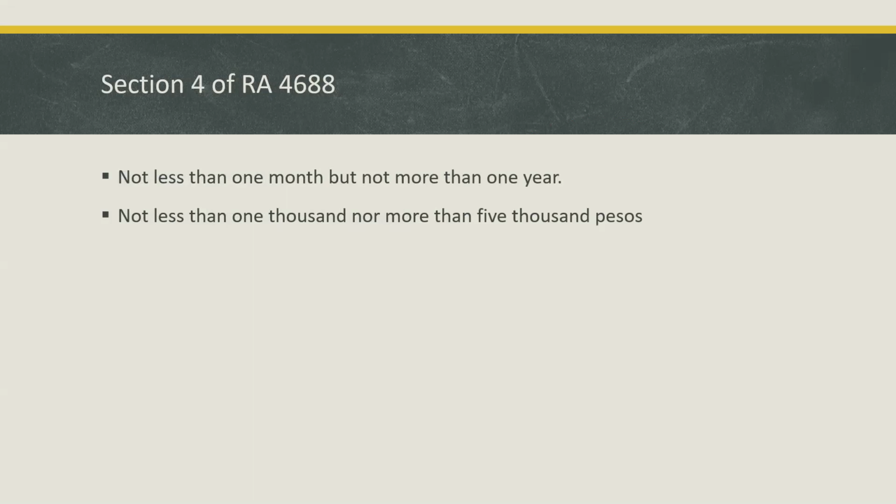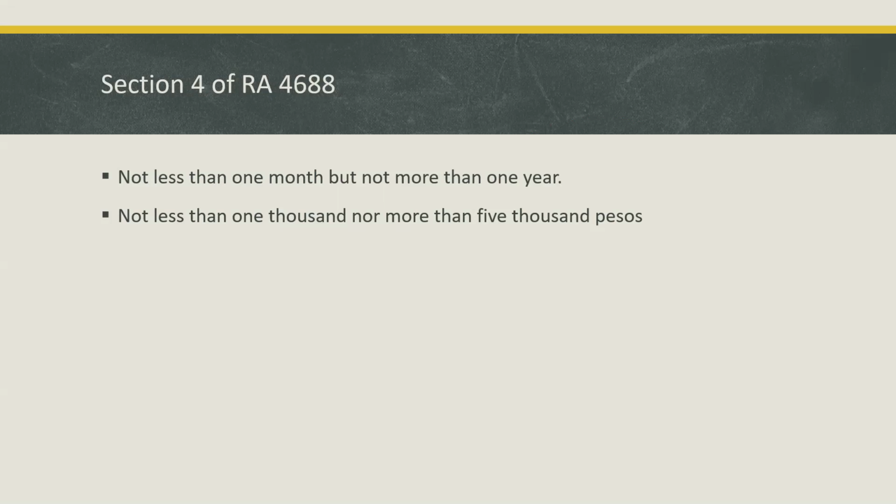Now, Section 4 of 4688 is about the sanctions or penalties. Not less than 1 month, but not more than 1 year imprisonment, and not less than 1,000 nor more than 5,000 pesos fine, for those who violated RA 4688. In the succeeding slides, I have the list of violations, and these are the fines.